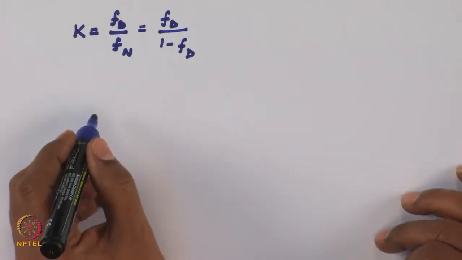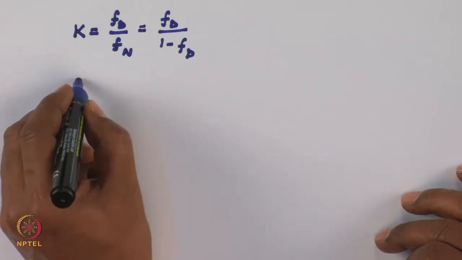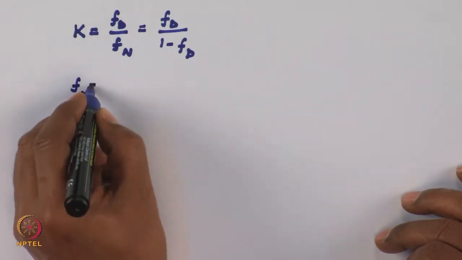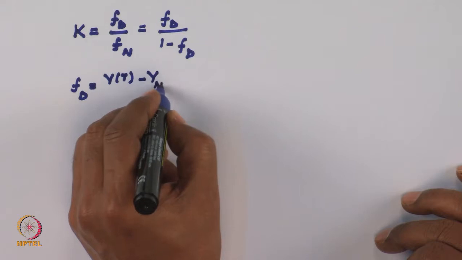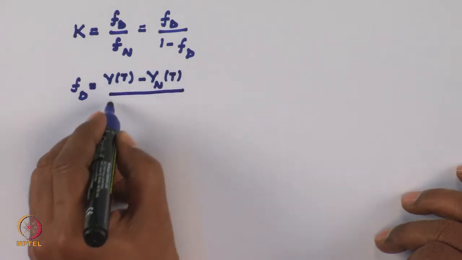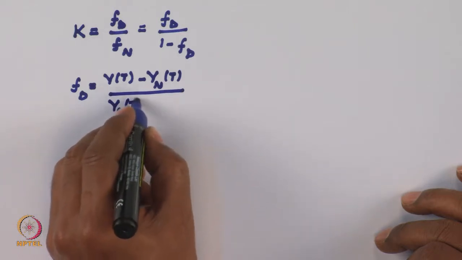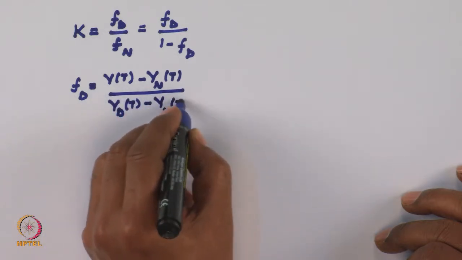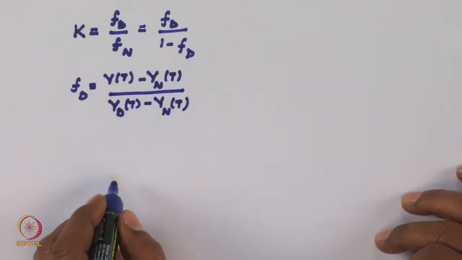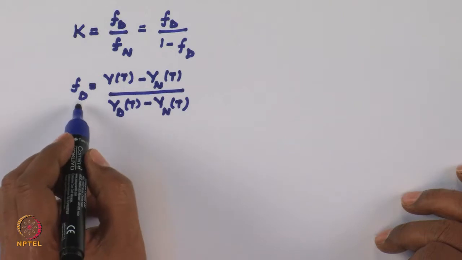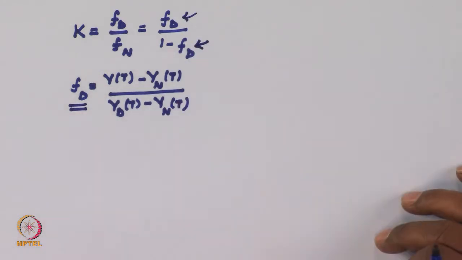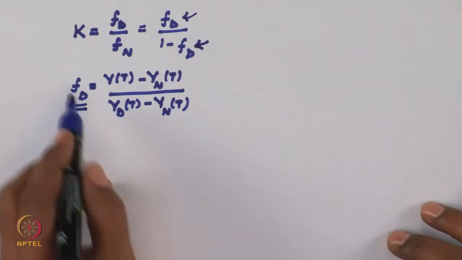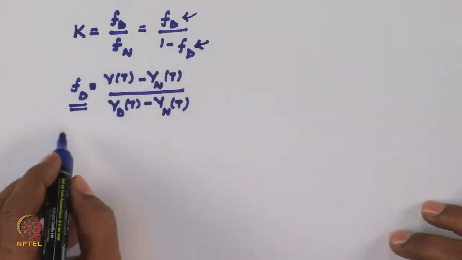And we have just discussed that Fd is equal to Yt minus Yn T over Yd T minus Yn T. This needs to be substituted over here and over here. Once you substitute this, let us see what we get.